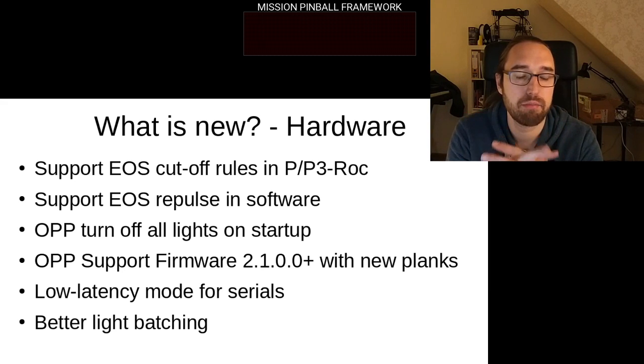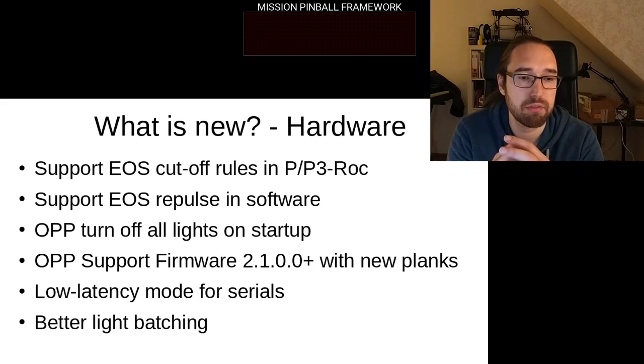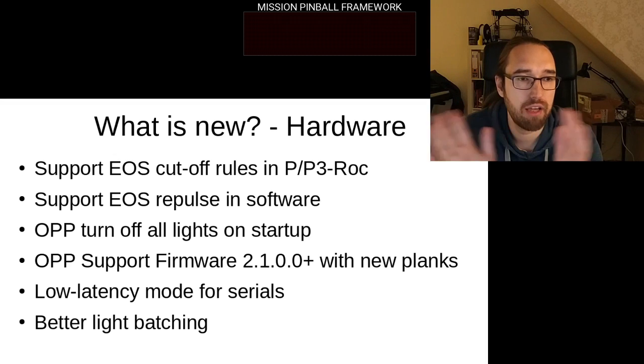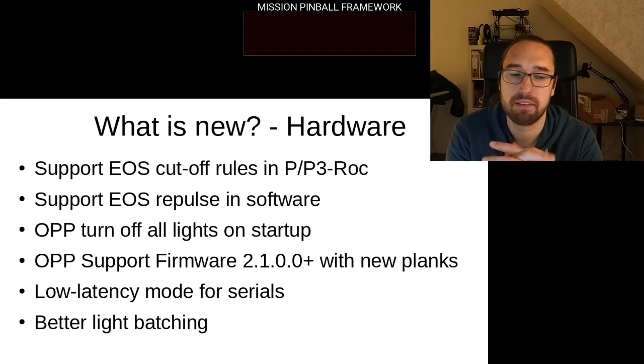I mean, there have been incidents with certain manufacturers which had thermal issues because of this problem, and MPF now has an out-of-the-box solution for every hardware. It's emulated in software unless the hardware can do it. It's only Spike at the moment which can do this in hardware.